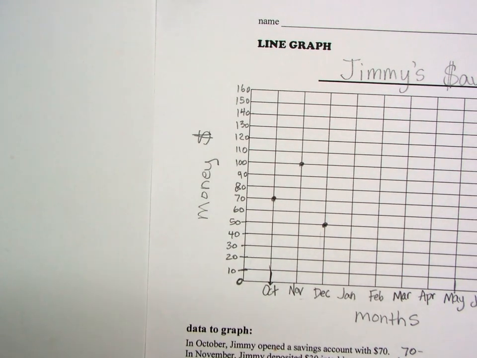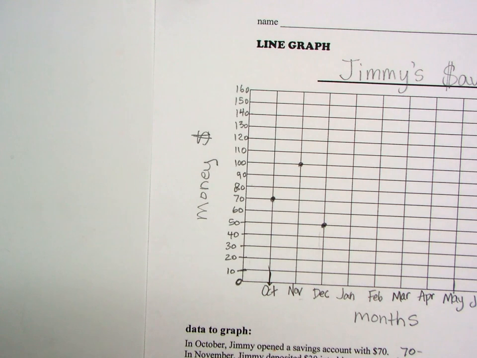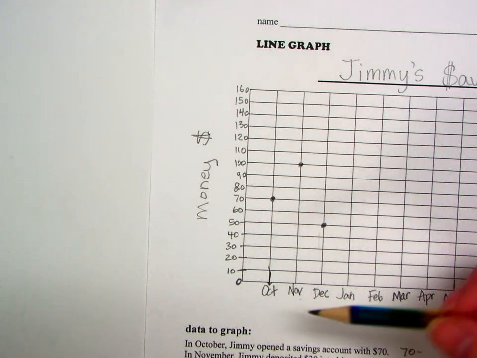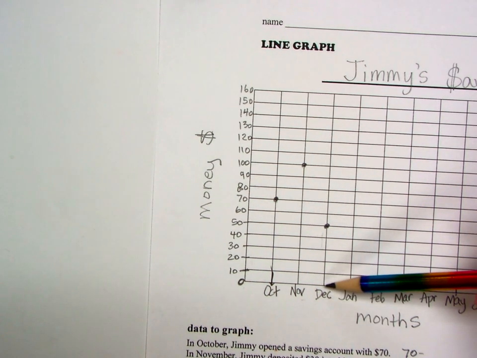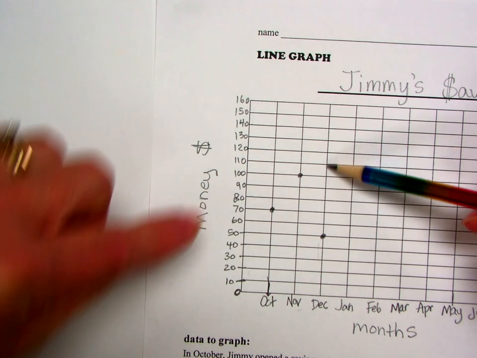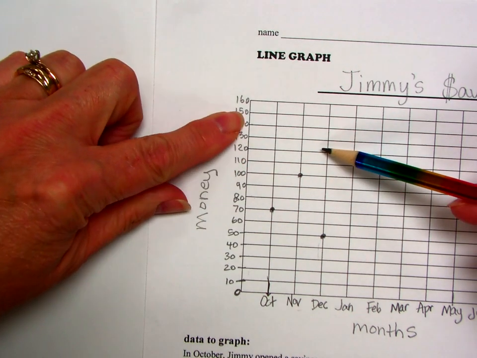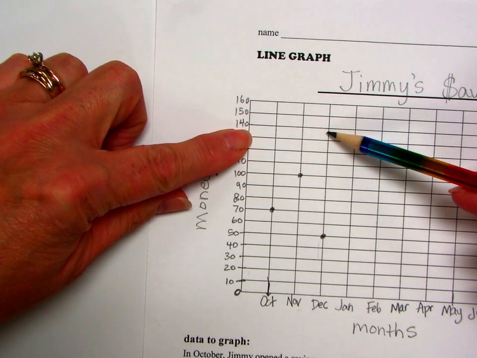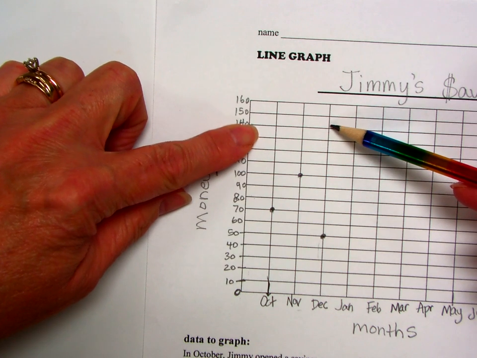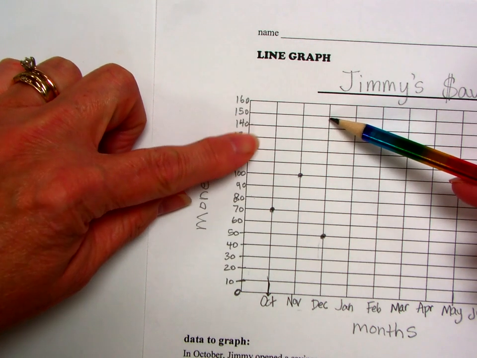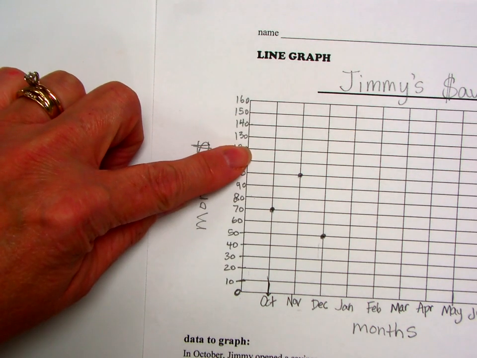Now, if you have a number that's halfway between, let's say that December was 145 instead. When I go up this line, I don't have a line for 145. I have a line for 140 and a line for 150. And 145 is halfway between.